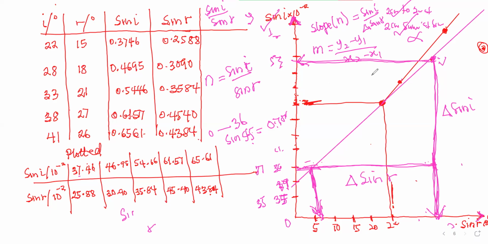So you trace 70 point something on the I. When it touches the straight line, you link it to the sine R and read. Whatever the value is, it means that sine R is equal to whatever value you had here. Then you take the sine inverse to find R.